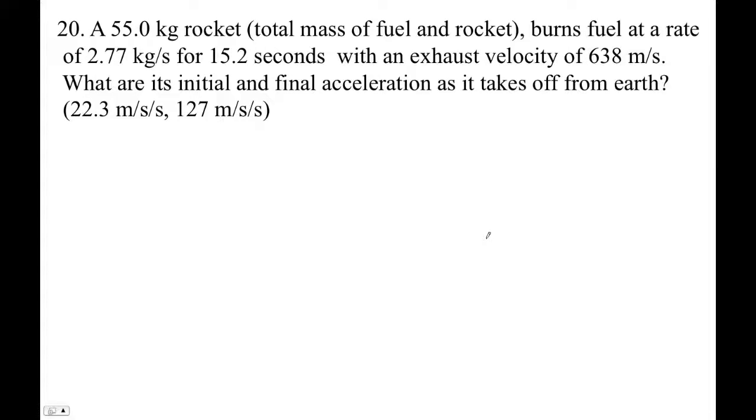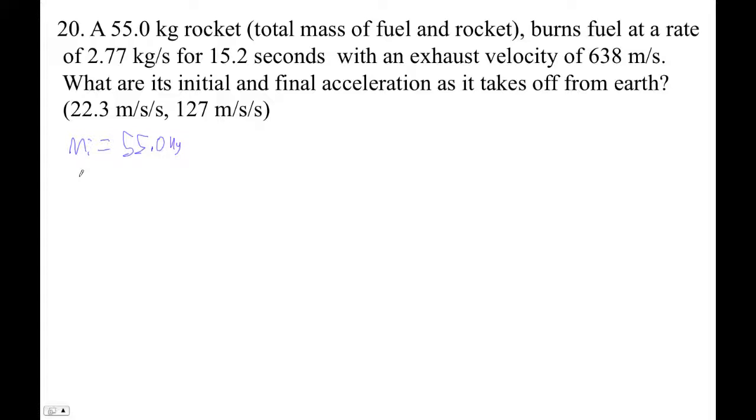Okay, 55 kilogram. That's the total fuel in the rocket. It burns fuel at a rate of 2.77 kilograms per second for 15.2 seconds. So this is a little bit more puzzling, right? My initial mass is definitely 55.0 kilograms, right?